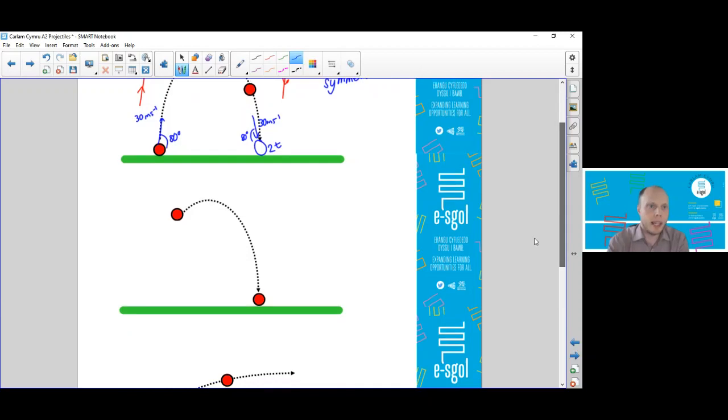A bit further down, this is an example of a ball, a particle, starting from higher up this time, so it's not symmetrical. We've still got the condition at the very top of vertical speed equals 0, but the time taken to do this little bit is going to be a lot less than the time it takes to come back down.